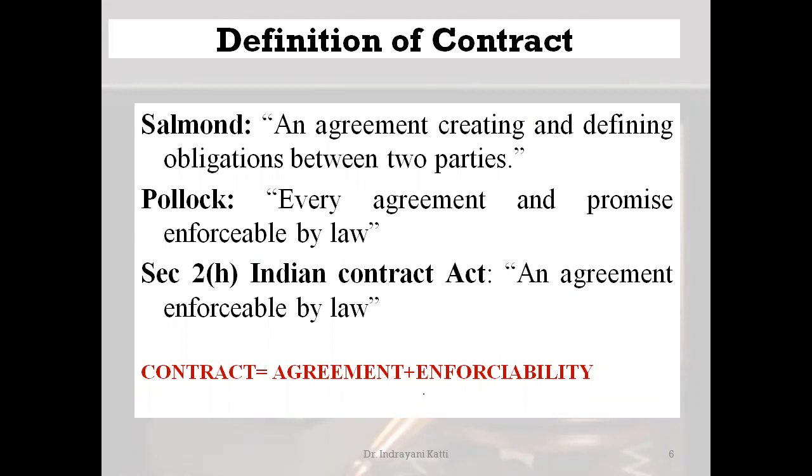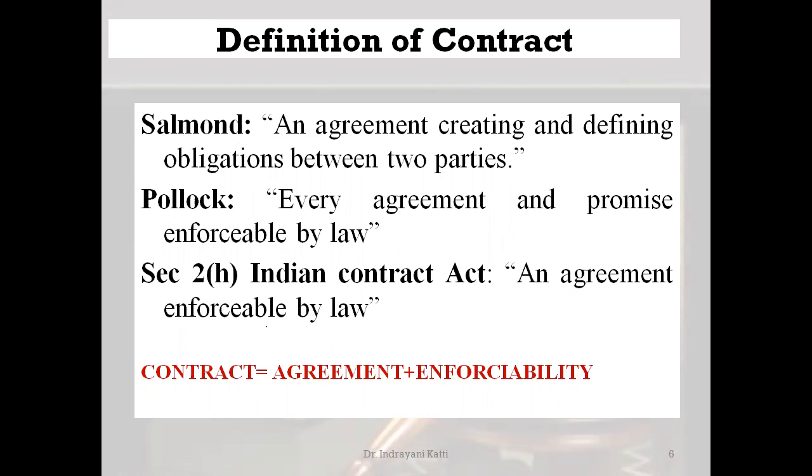According to Salomon, an agreement creating and defining obligation between two parties is known as a contract. To make a contract, what is very important is an agreement which creates and defines the obligations of both the parties. There are two parties to make one agreement, and both parties' obligations are defined in it.